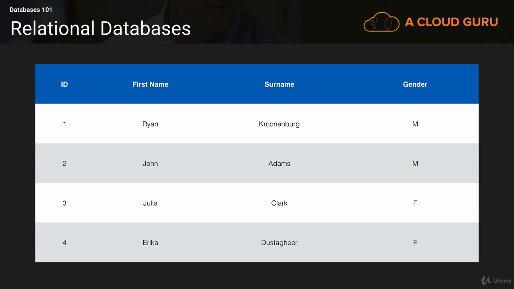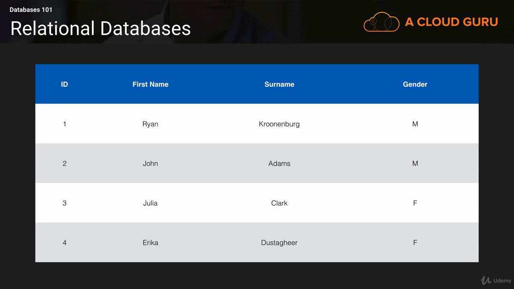And if you have a look at the different categories, so if we look at the different columns, ID, the data is always going to be the same. So you're always going to have a numerical value in there. Same with first name, that's always going to be alphanumeric, or actually just might have just normal characters. So same with the surname and same with the gender. You might have other data inside there.